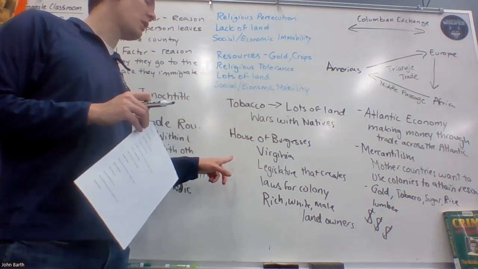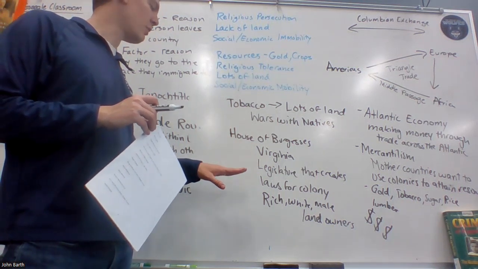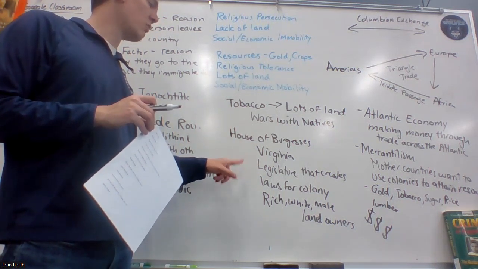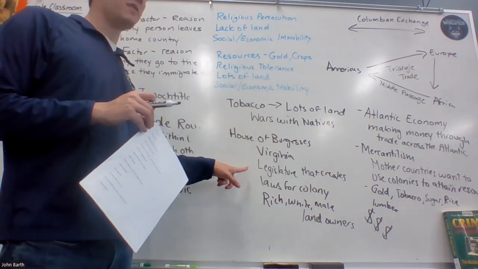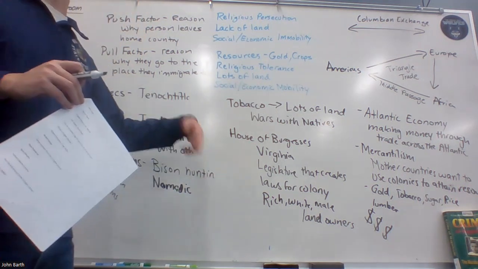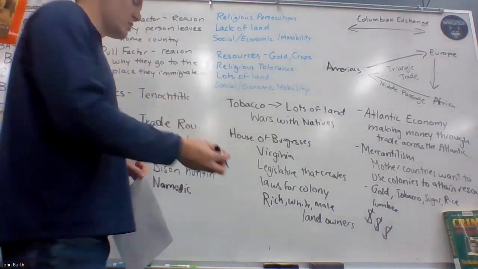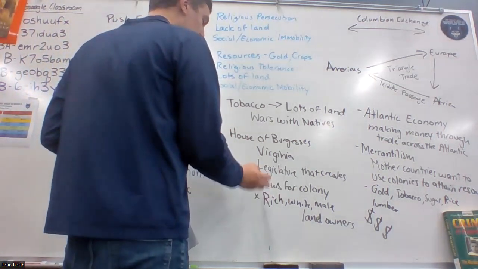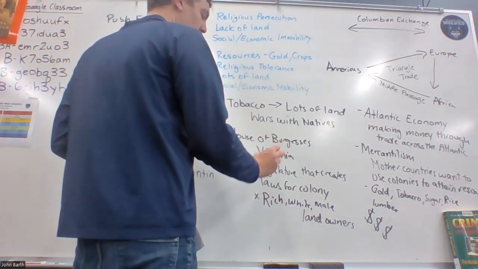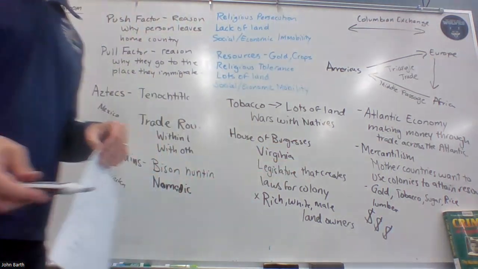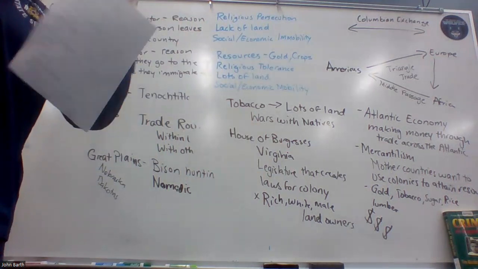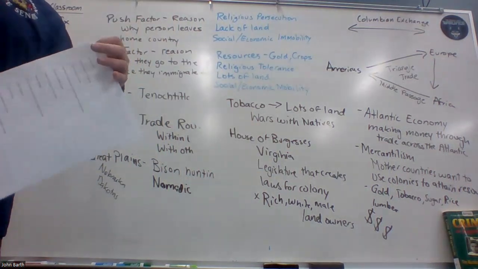There might have been property requirements for who the representatives are, so indentured servants might not even have power to vote. I can't remember exactly. But the thing that we need to just know is that the people who were in the House of Burgesses were always the rich landowners. And eventually that leads to conflict, right, with the indentured servants in Bacon's Rebellion.